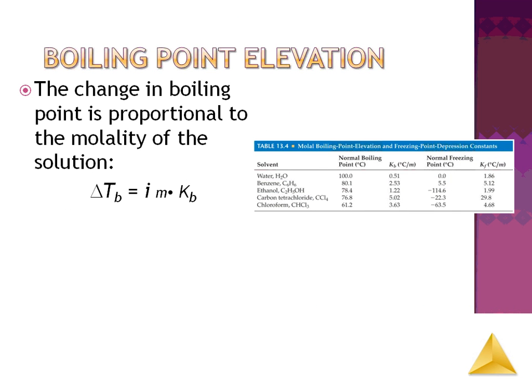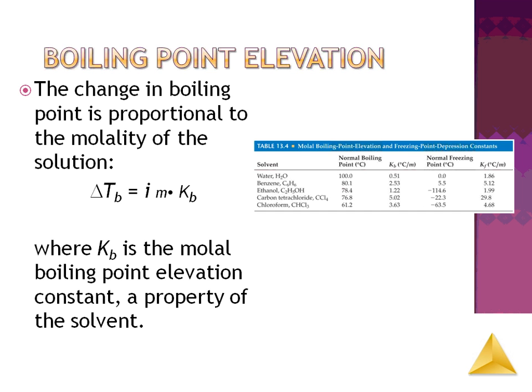Okay, so here's what we say. We say that boiling points are elevated and freezing points are depressed. So I think of it this way. If it's already hot, it's going to get hotter. And if it's already cold, it's going to get colder. So hot things get hotter, cold things get colder.